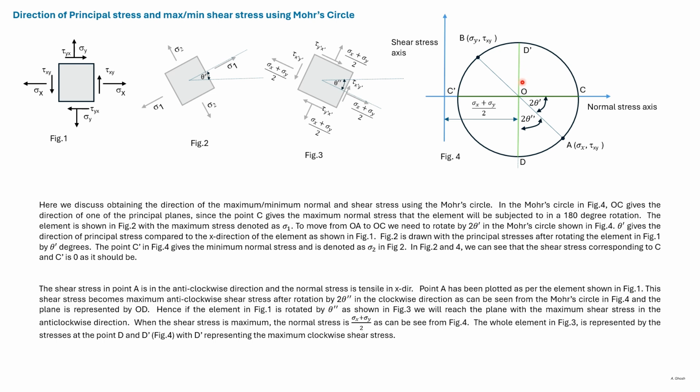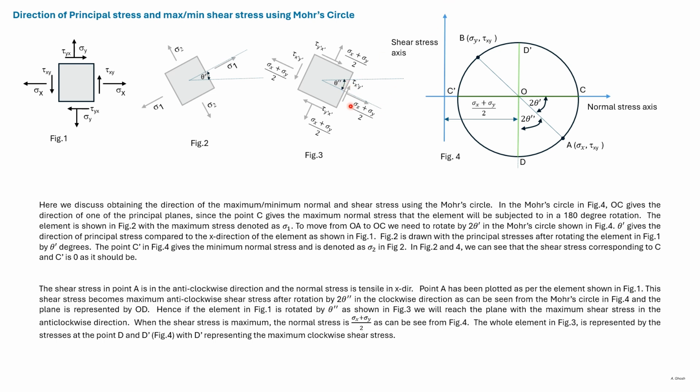And if we rotate OA by 2 theta double dash, then we reach OD, which corresponds to the minimum shear stress. In figure 3, we have rotated this element so that the perpendicular to this side gets rotated by theta double dash.